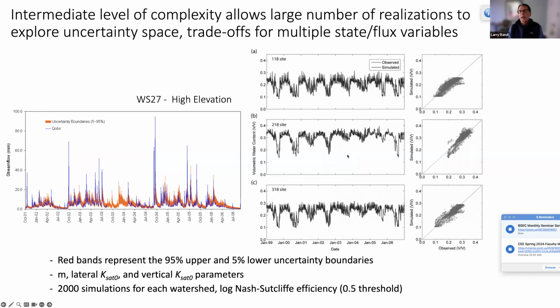Now, we also can observe the soil moisture over a long period of time from TDR in different locations on the hill slope. So in other words, ridge, which is 118, down to the riparian area, 218. And so we could get this trade-off of how well the calibration fit both discharge and the spatial distribution of soil moisture.